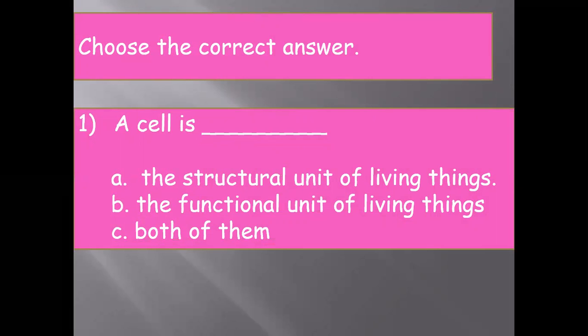So the answer is C, both of them, because, as we mentioned in the previous videos, a cell is the structural and functional unit of all living things. I need to remind you that structural unit means all living things are made up of cells, and functional means that all functions of an organism or of the body are carried out by a cell.